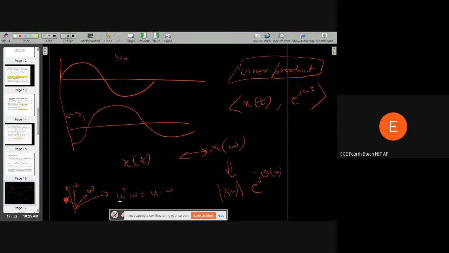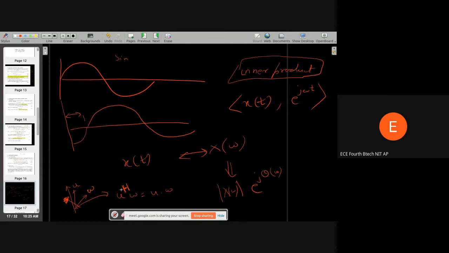In the same way, suppose u and w were representing two complex vectors, instead of real numbers, they were representing complex numbers. Then you will have to take, instead of transpose, something called Hermitian. What is Hermitian?